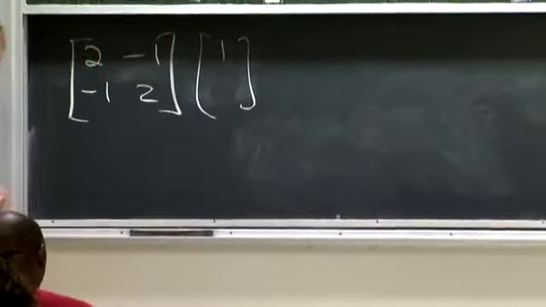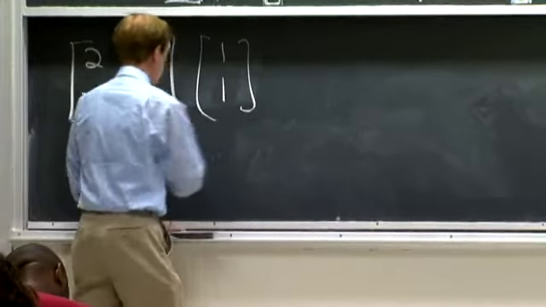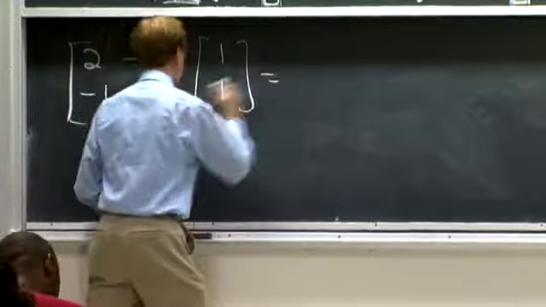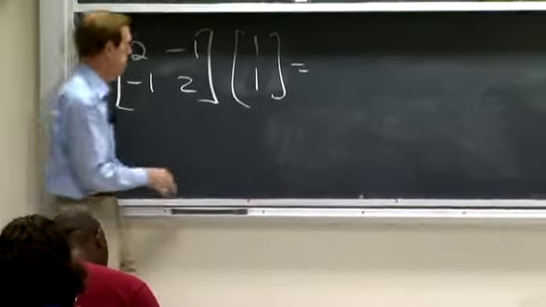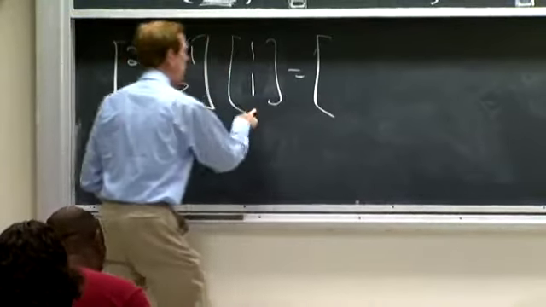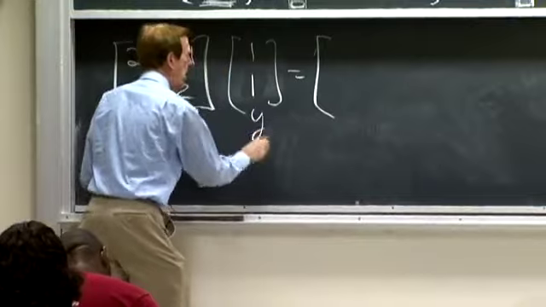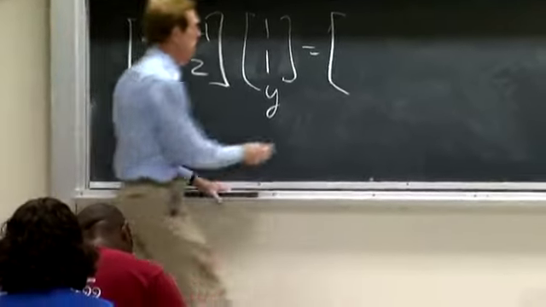You're going to guess it. 1, 1. Try 1, 1. Do the multiplication, and what do you get? If I input this vector y, what do I get out? Actually, I get y itself.